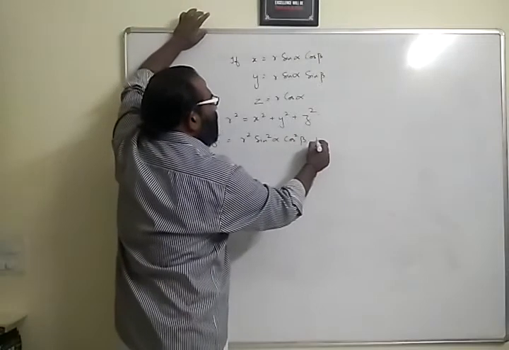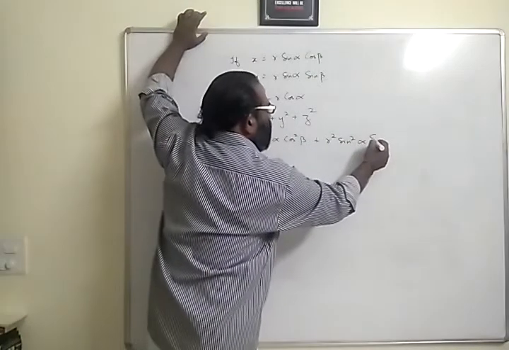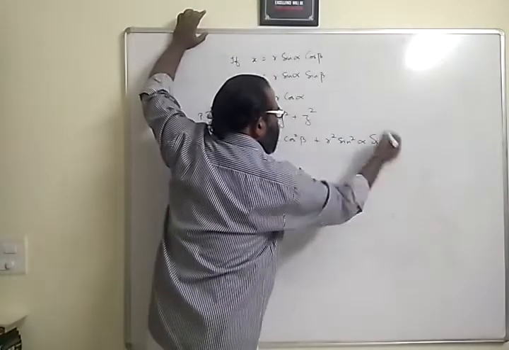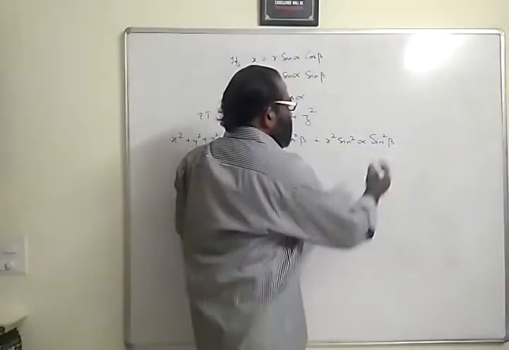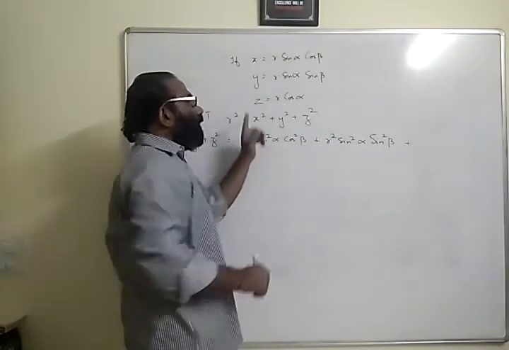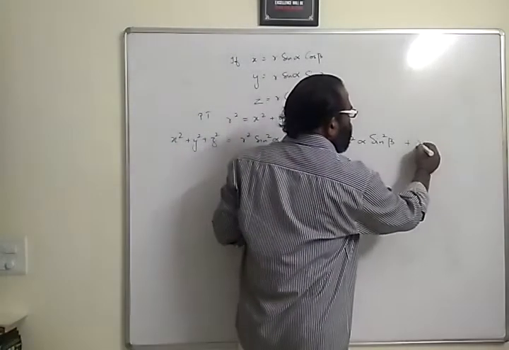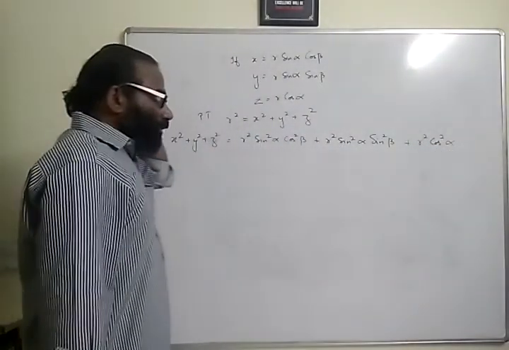What is y squared? Plus r squared sine squared alpha sine squared beta plus z squared. Z is r cos alpha. So z squared would be r squared cos squared alpha. So it is r squared cos squared alpha.